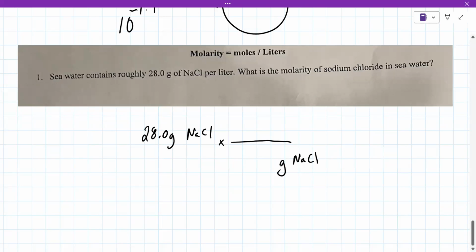What did you get for your molar mass of NaCl? 58.5. Okay. And that's 1 mole NaCl.